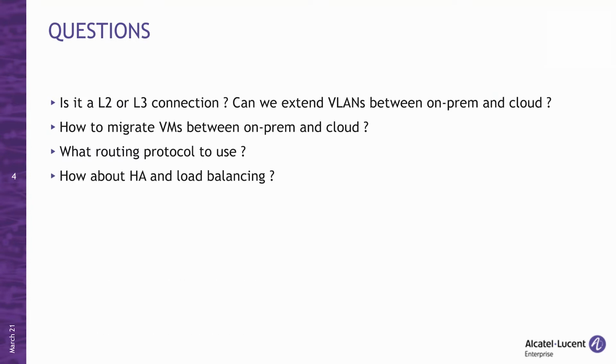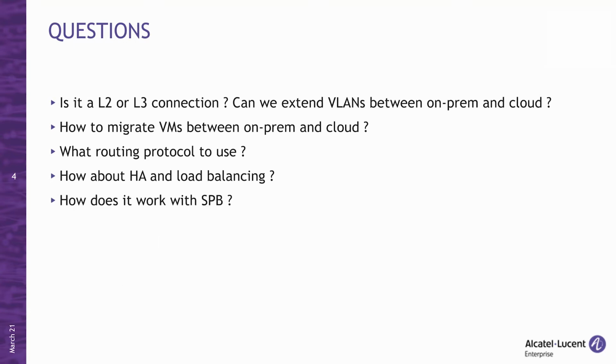Next question is, what about high availability and load balancing? Well, focusing on the network aspect, BGP allows for different schemes: active standby, active-active with load balancing, ECMP, etc. Then, high availability at the application layer is a separate discussion which will not be covered in this session.